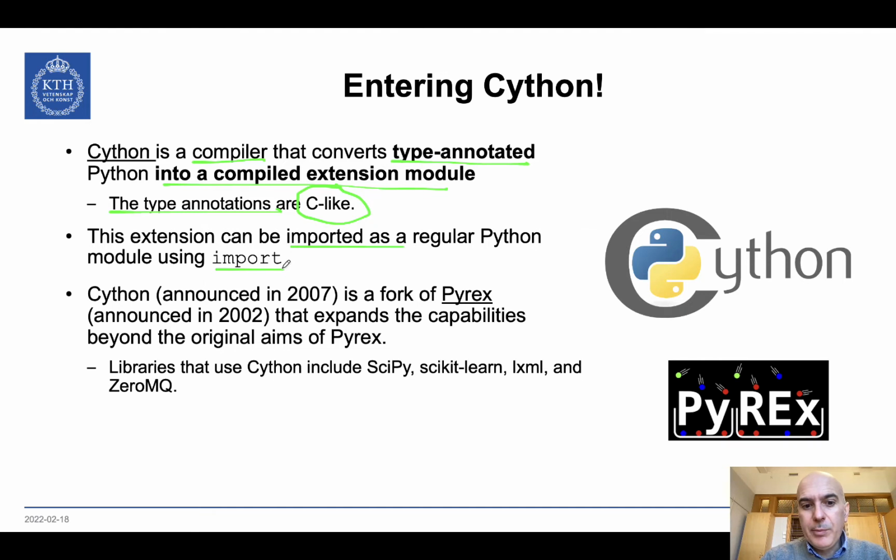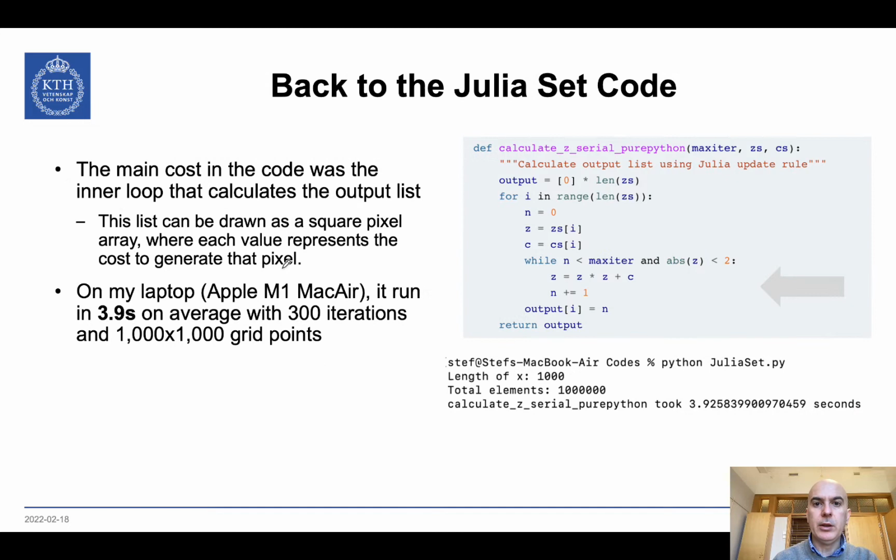So it's an extension of Pyrex, extending its capabilities beyond the original aims of Pyrex. Many Python frameworks use Cython, including CPy, scikit-learn, XML, and ZeroMQ. So it's an extremely important approach when designing Python code for high performance.